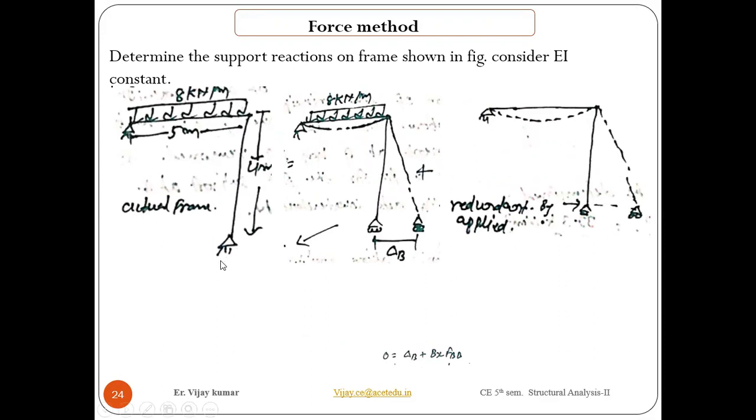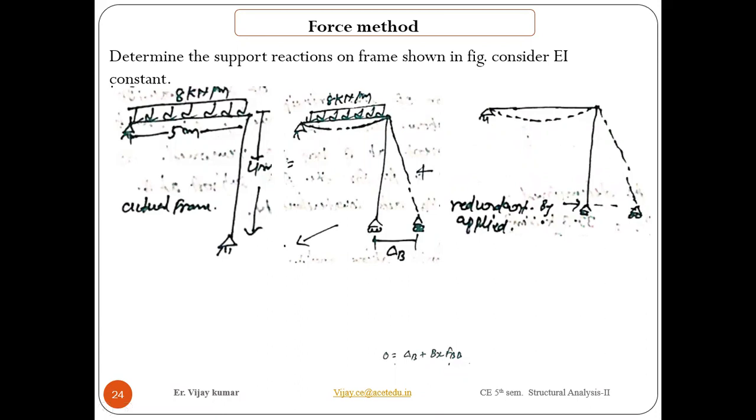There are two unknowns at the support, and at this hinge I also have two unknowns. So there are four unknowns, and the available equilibrium equations are 3, so 4 minus 3. There is one redundant force that we need to find.